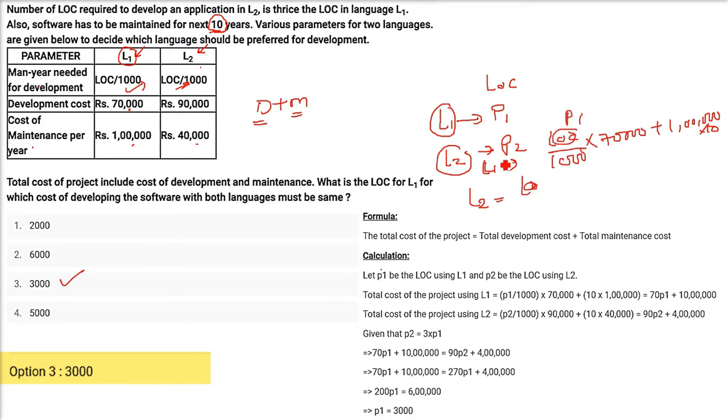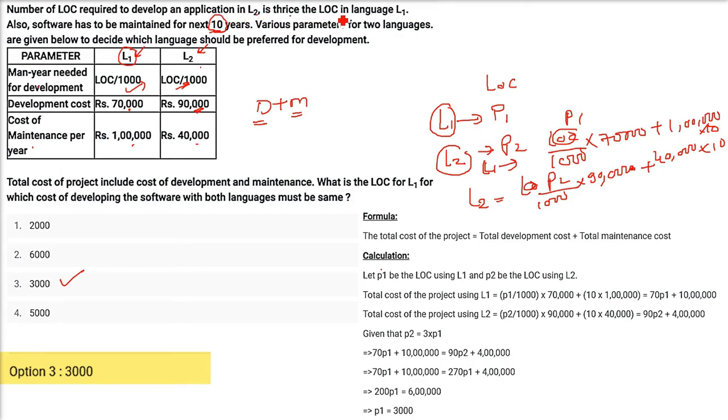P2 by 1000 into 90,000, because the development cost is 90,000, and then the maintenance is 40,000 into 10 years. Now this is the total cost for project L1, and this is the total cost for project L2.